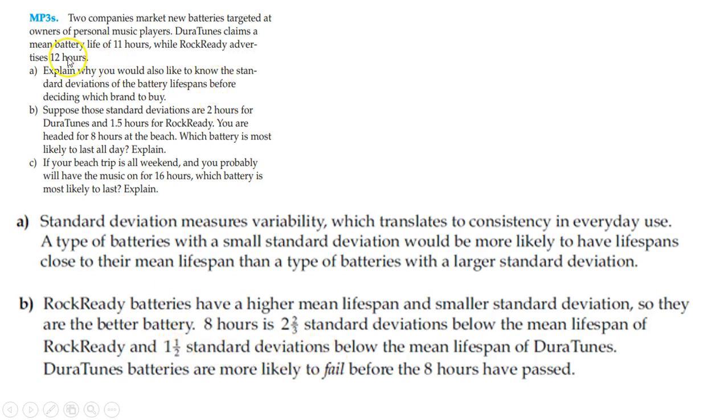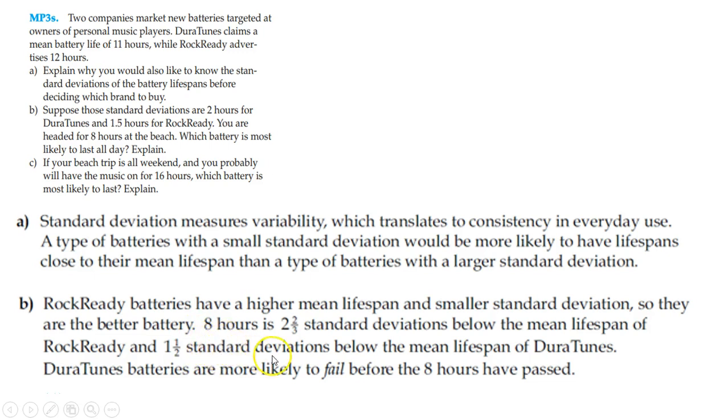And if we do this for the 12 hours as advertised by Rock Ready, we want it for 8 hours: 8 minus 12, divided by the standard deviation of 1.5, which is negative 2 2/3 down the line.